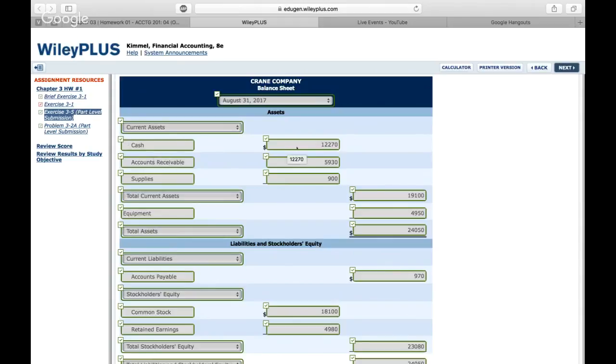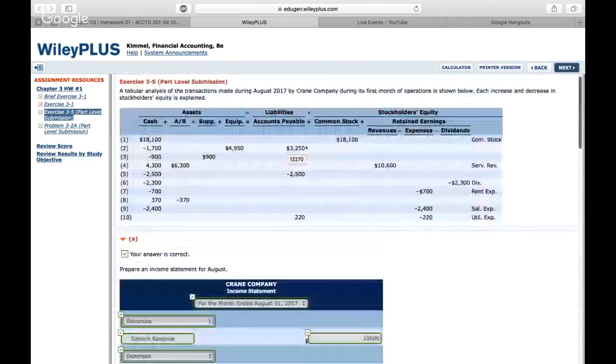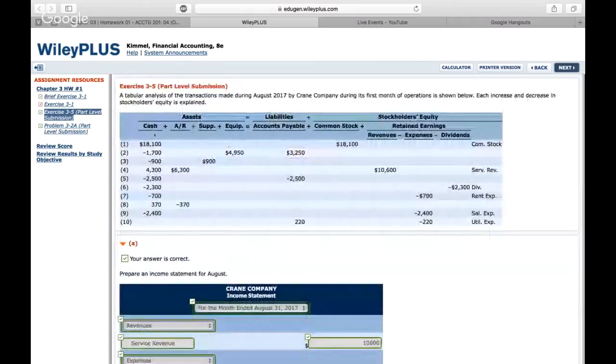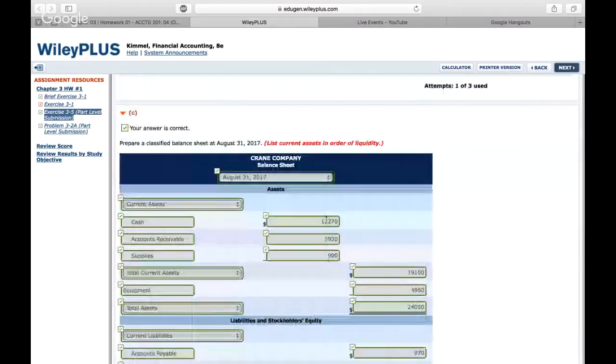So you see the cash is 12,270. So you come up here, you say cash, where are you at? All right, looks like we have to add and subtract all, well, not all the columns across, just right here. So you just add up those for the total on the cash column, and it will equal 12,270.